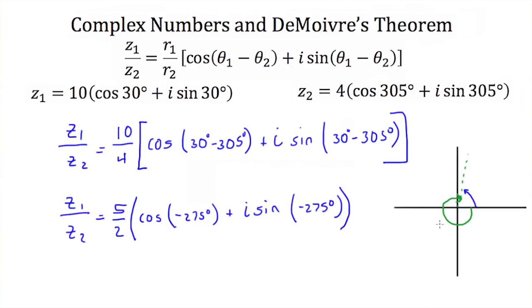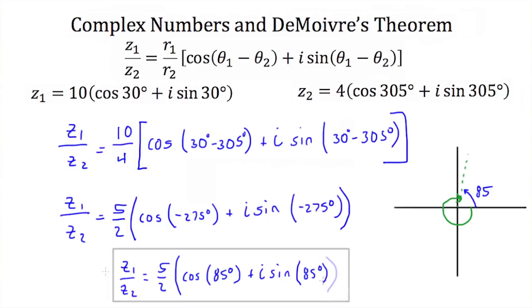If this is 275, then this is 85. So I'm going to write this as z1 divided by z2 equal to 5 over 2 times the cosine of 85 degrees plus I times the sine of 85 degrees. And that would be our solution.